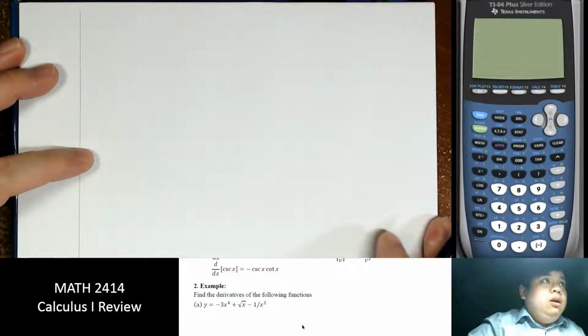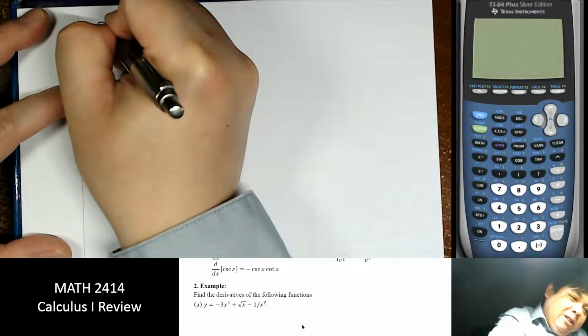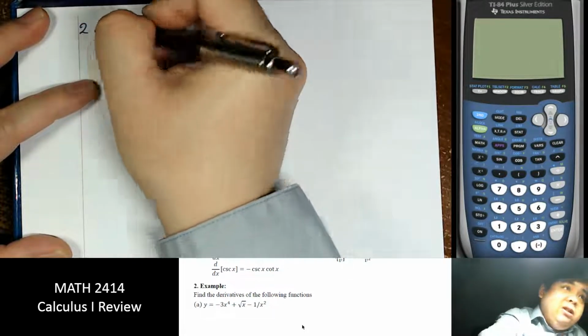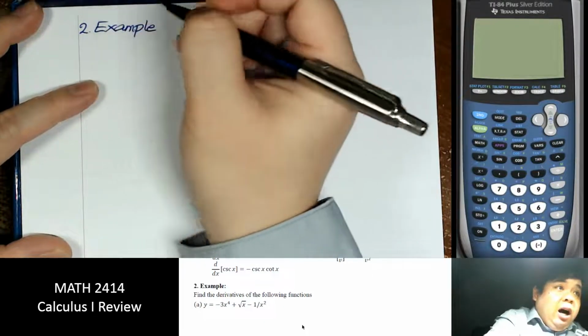So this is the first example: find the derivative.